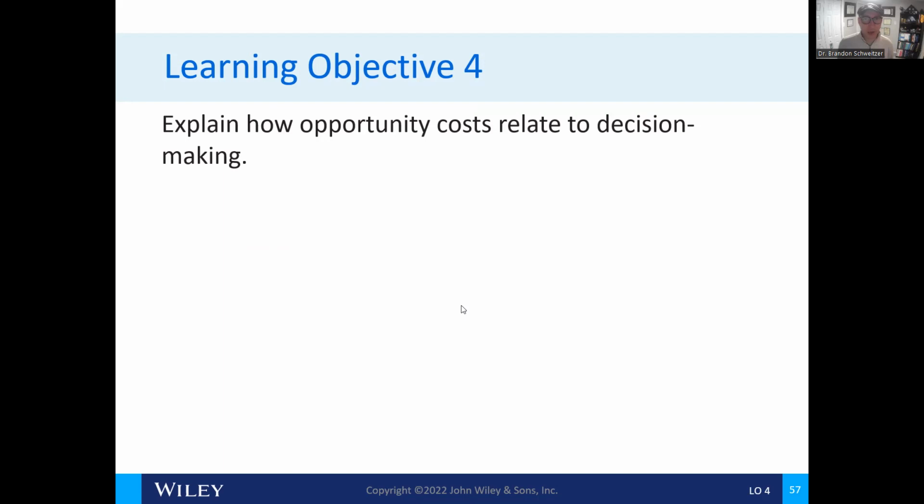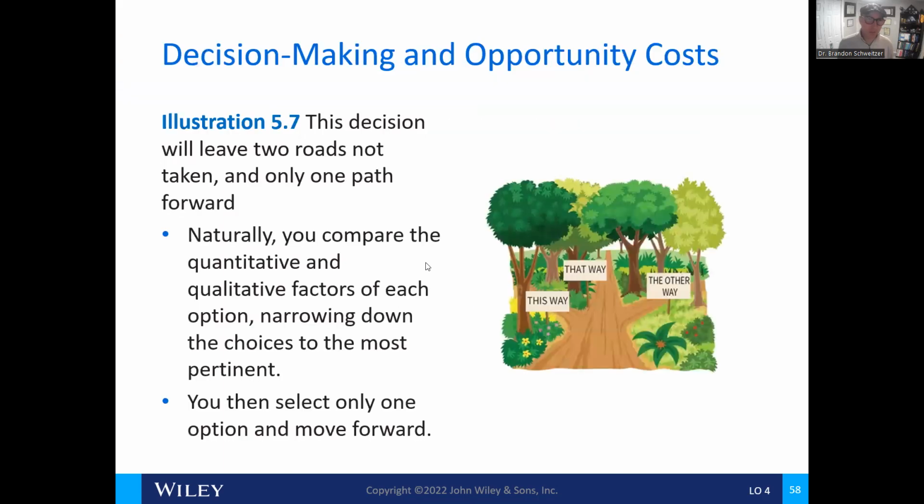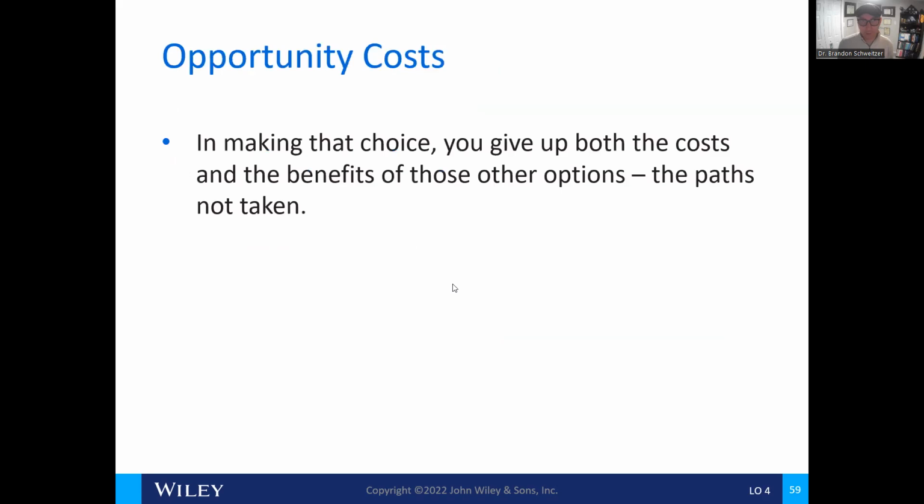Now let's take a look at how opportunity costs relate to the decision-making process. As you know, an opportunity cost is the cost that's given up based off of the other decision that you've made. So making a decision, we give up the cost of one over the other.